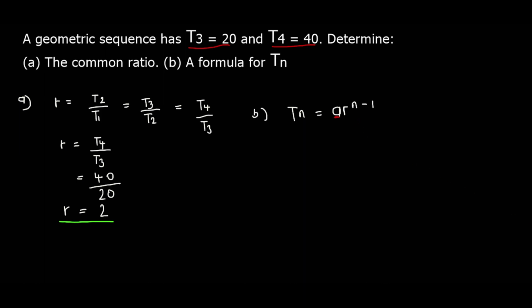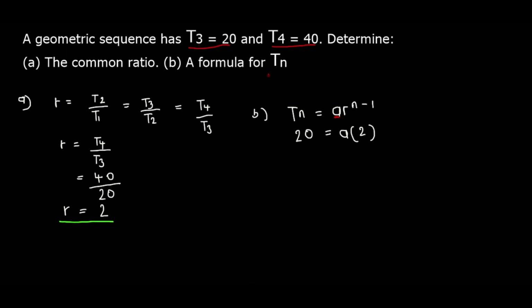So this means we have to find the value of A before we find the nth term formula. So to find the value of A, I will substitute Tn with 20, and the value of R is 2. The reason I substitute the value of 20 is because 20 is in term number 3.